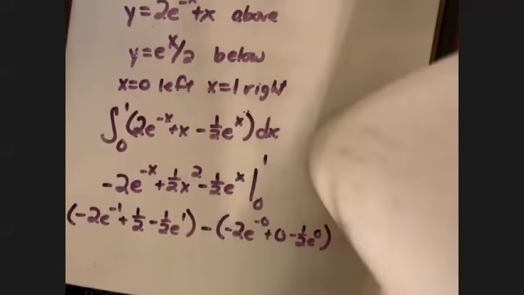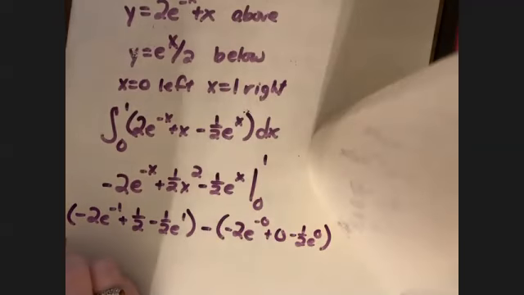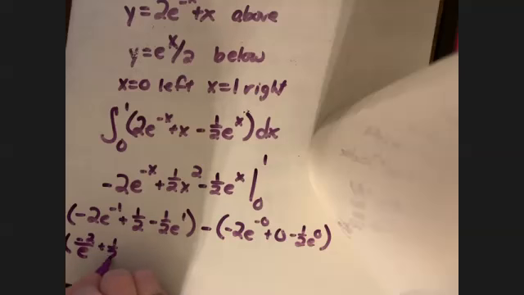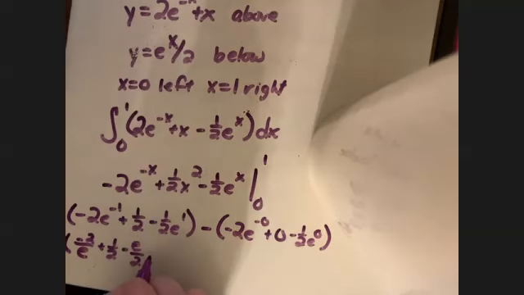Okay, so I'm going to bring that down and let's evaluate a little bit. So this is going to be negative 2 over e plus 1/2 minus e over 2.